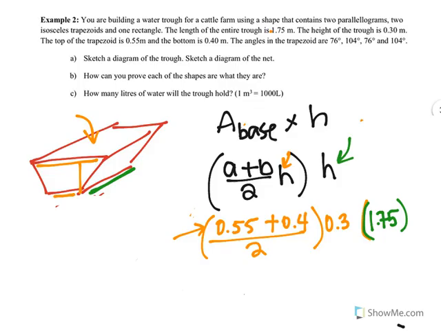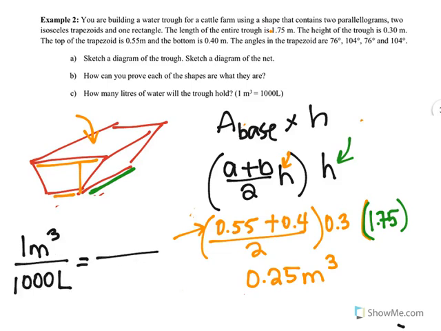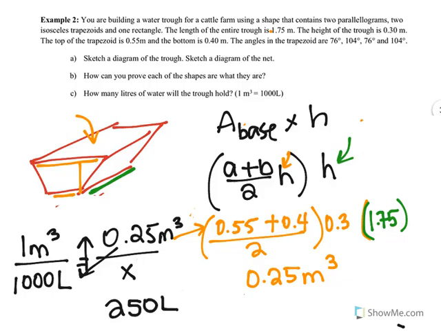If you type all of this into your calculator, the number you should get is 0.25 meters cubed. Now using our conversion, we know that 1 meter cubed is 1,000 liters. We have 0.25 meters cubed. We're looking for x. We're going to cross multiply and divide. So the number we should be getting is 250 liters.